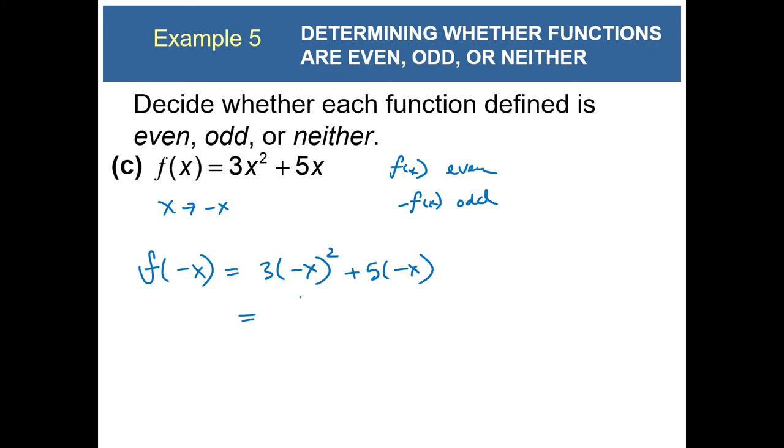Since this is even, it's going to give us a positive value, 3x squared minus 5x. So it's not equivalent to f of x or negative f of x. Therefore, it is neither. It is not odd or even, it's neither.